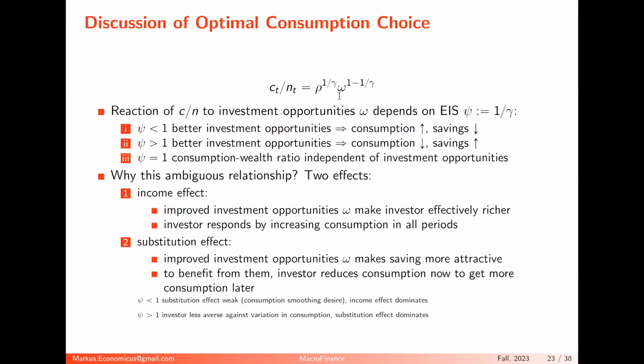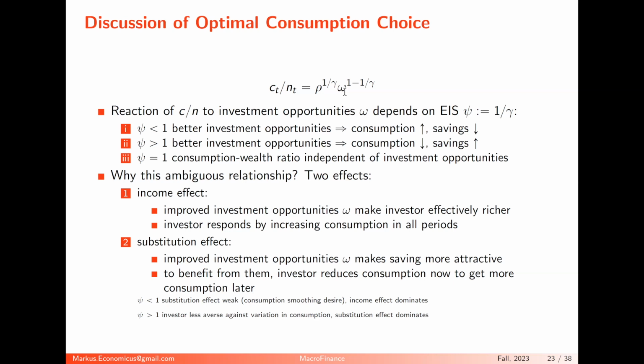Do you agree? Yeah, so this is moving around, this investment opportunity. That's a function of, I mean, not here, it's a constant, but later it will be something which will move with eta, with the aggregate state variable.